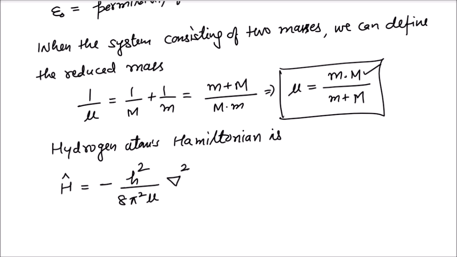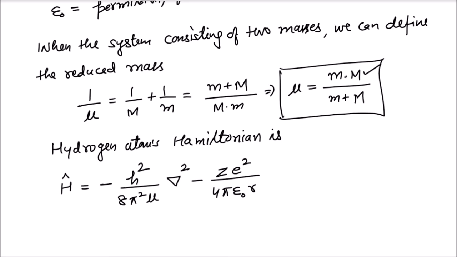This mu is equivalent mass, a point located at the center of gravity of the system, minus z e square divided by 4 pi epsilon naught into r. So this is hydrogen atom's Hamiltonian.